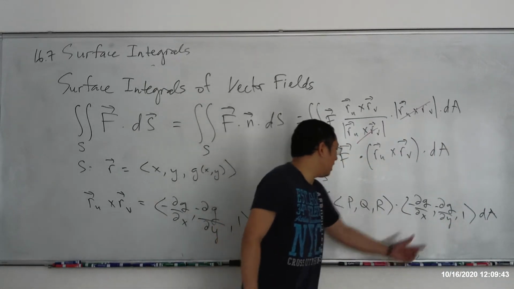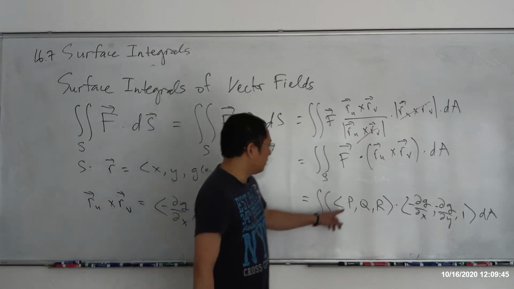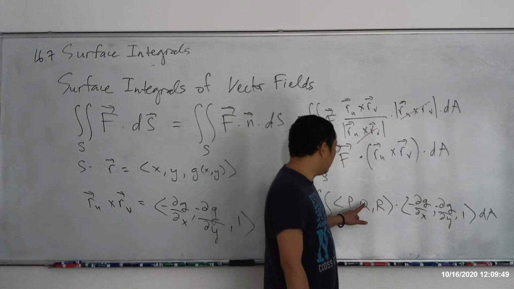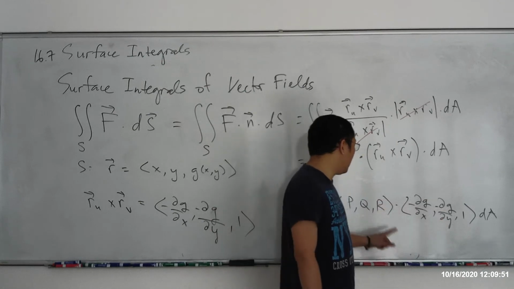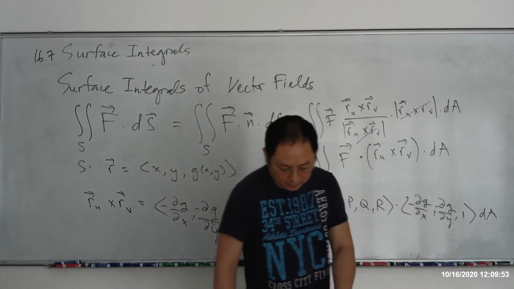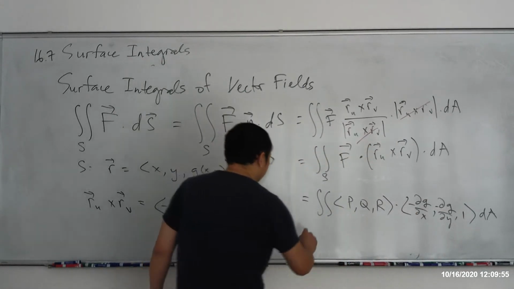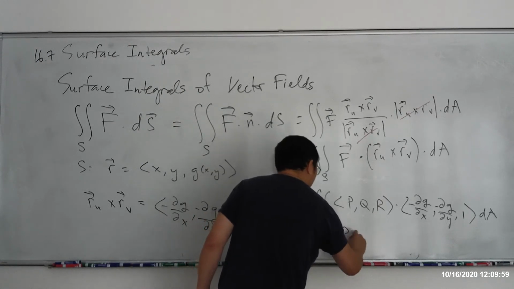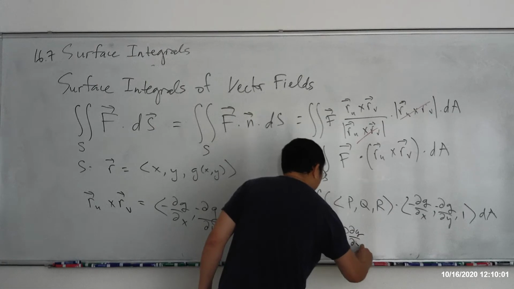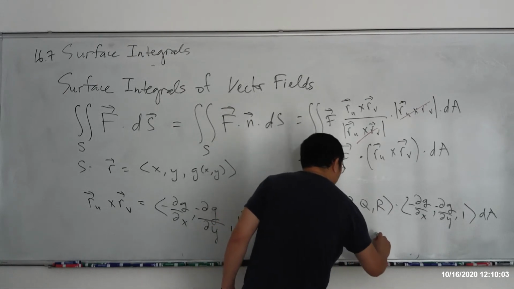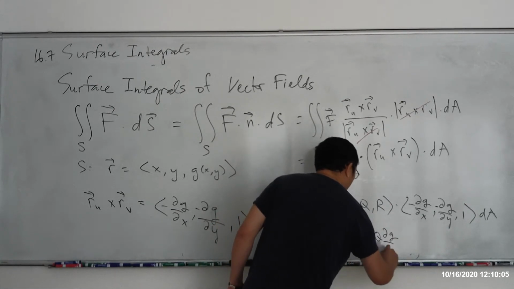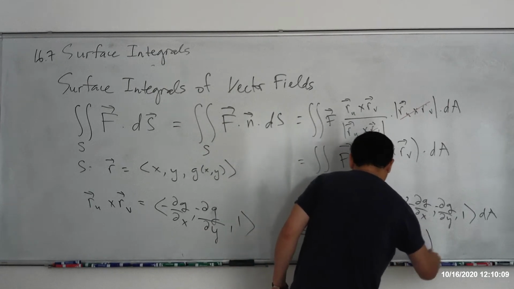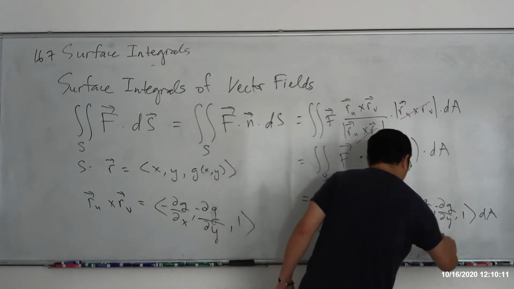So how do you dot those two? P times negative dg over dx minus Q dg over dy, plus R, and then everything times dA. And this is another formula to help: negative P dg over dx minus Q dg over dy plus R times dA.